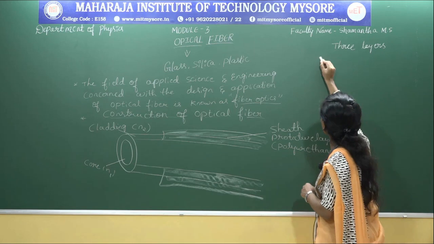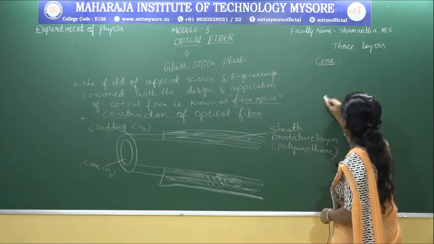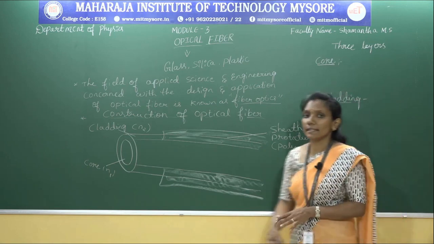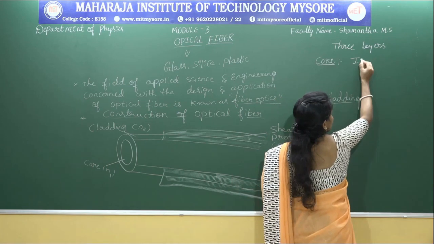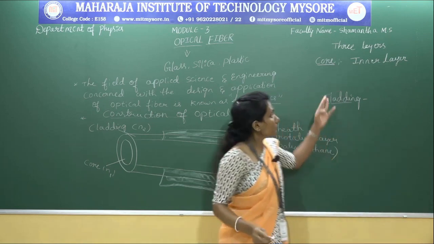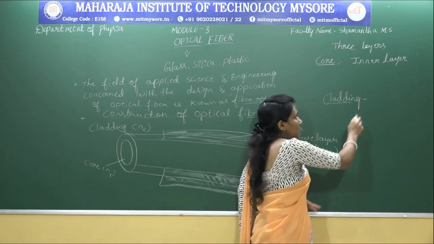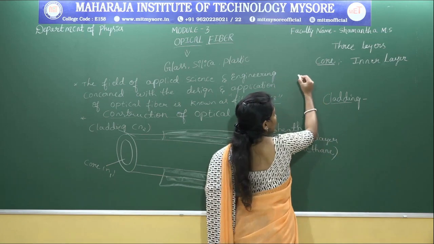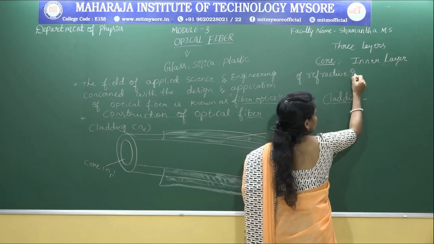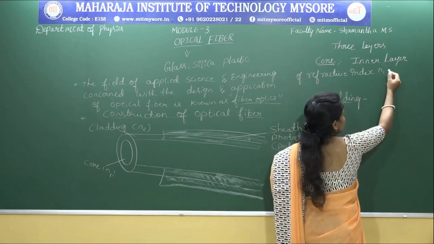So one is the core. This core is the inner layer, then the cladding. The core is the inner layer, made up of refractive index N1, that is the denser medium.